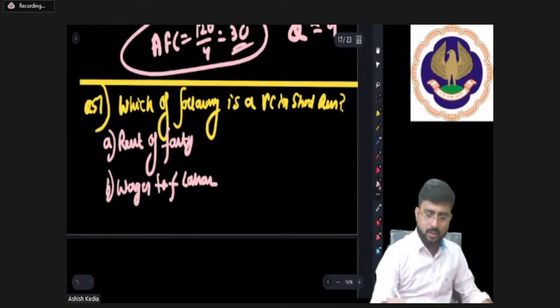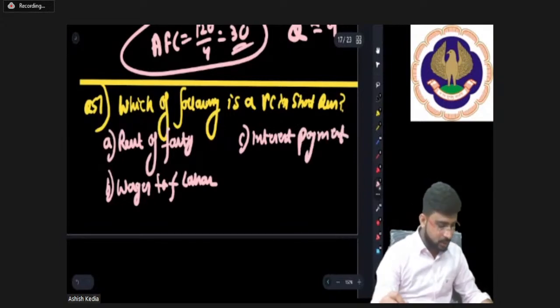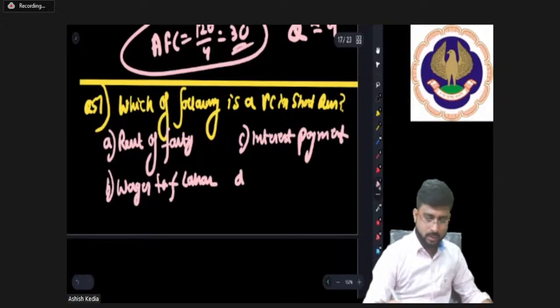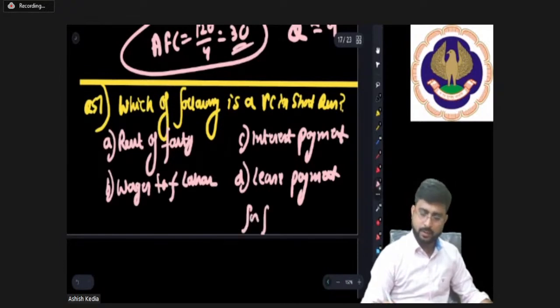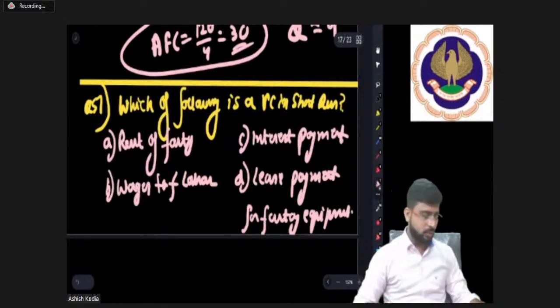C, interest payment on borrowed capital. D, lease payment, that is rent payment for factory equipment. Come on, everyone. Which of them is a variable cost?